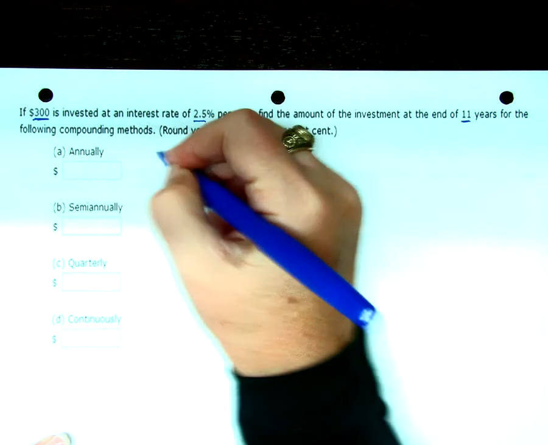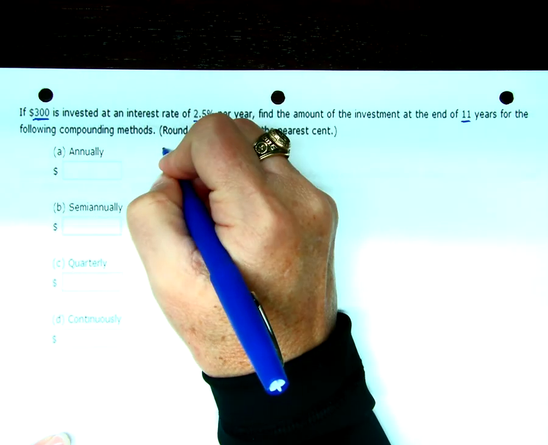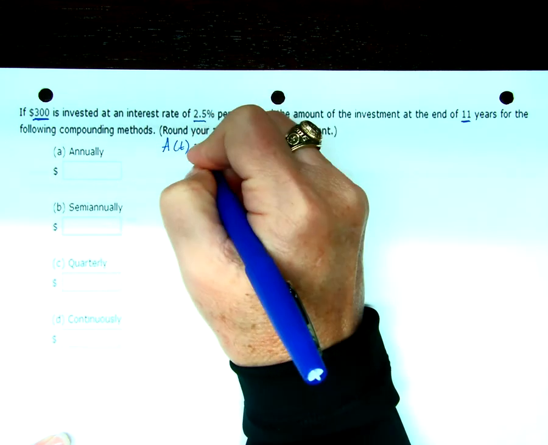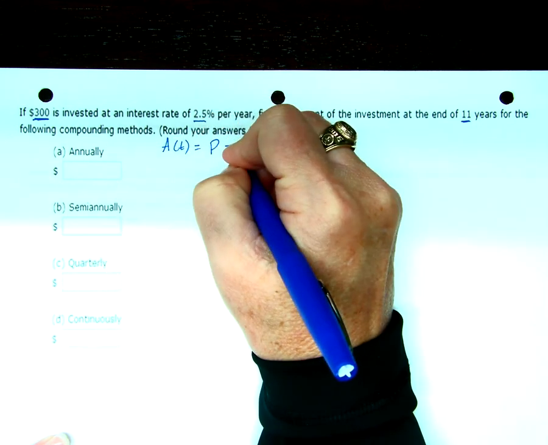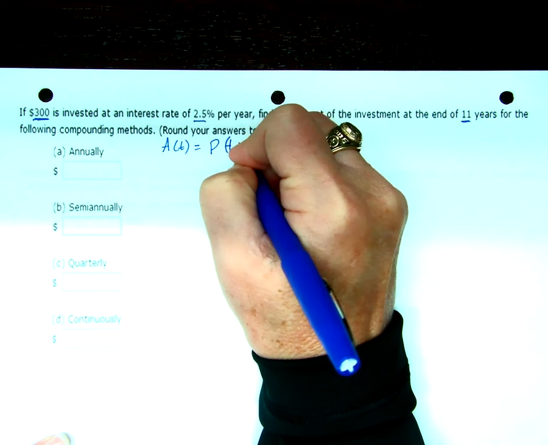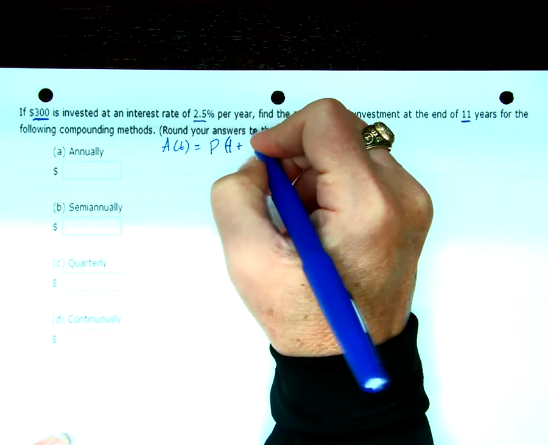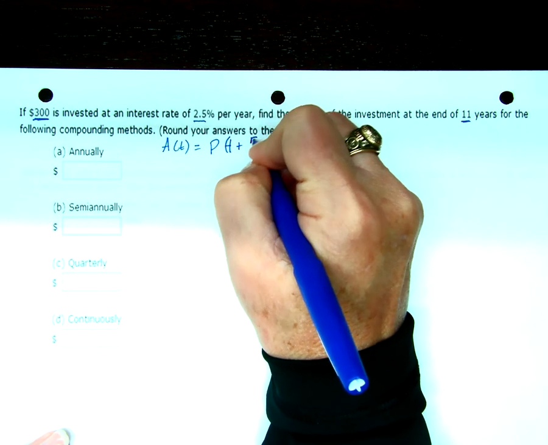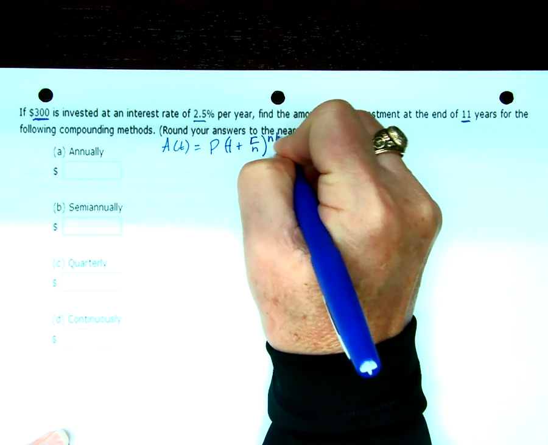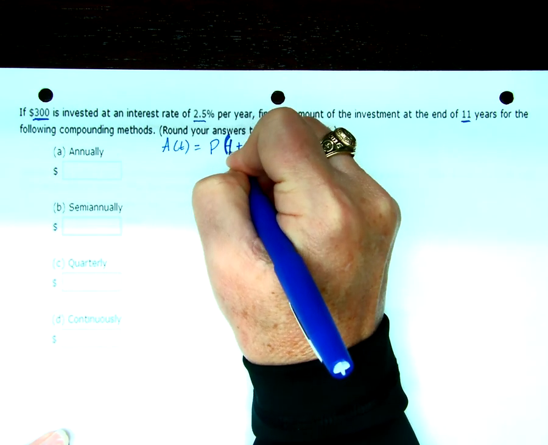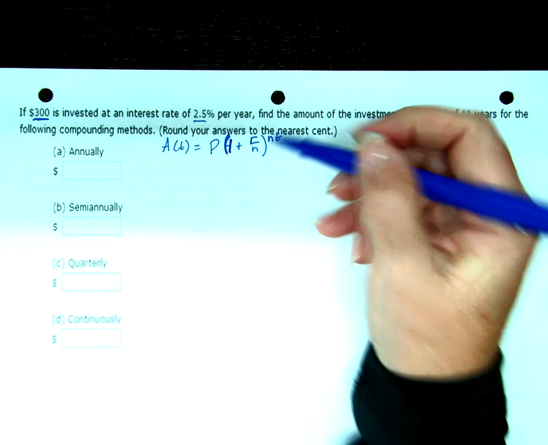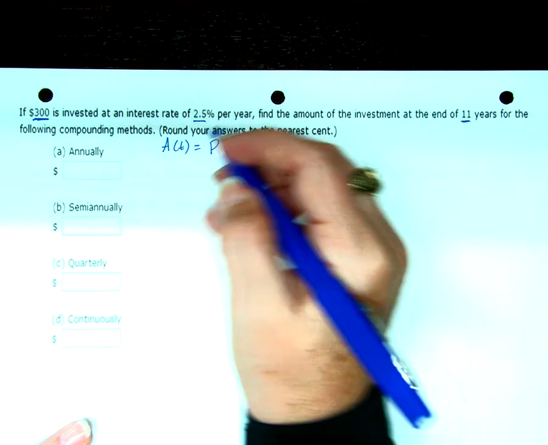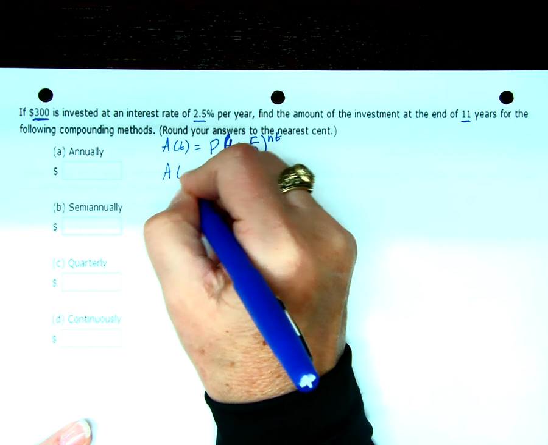For the first couple of equations, let me remind you that A of t equals P times 1 plus the rate r over n, raised to the nt power. In this case, A of t is what we're trying to find.